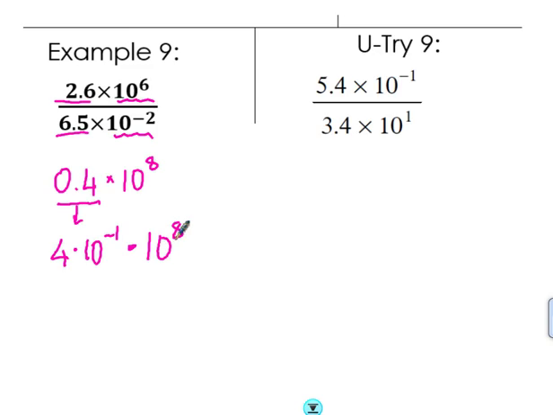We will add the exponents in multiplication when bases are the same, so you have 4 times 10 to the 7th power as your final answer. Please try number 9.